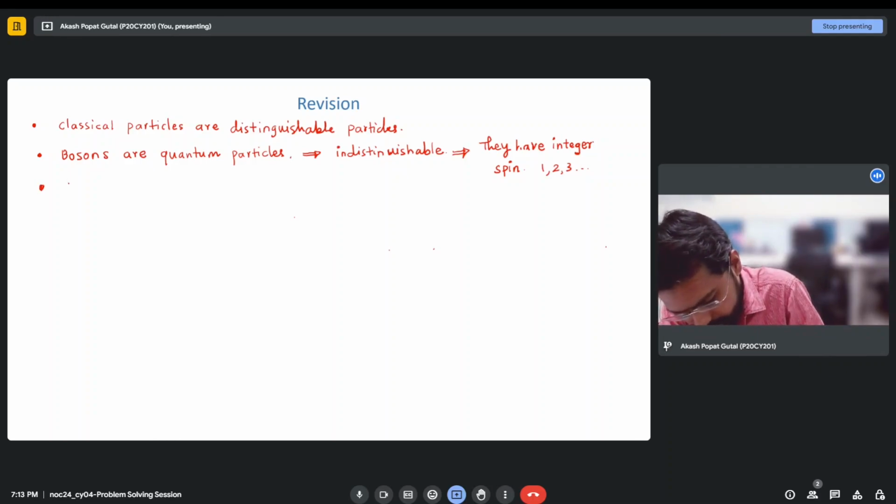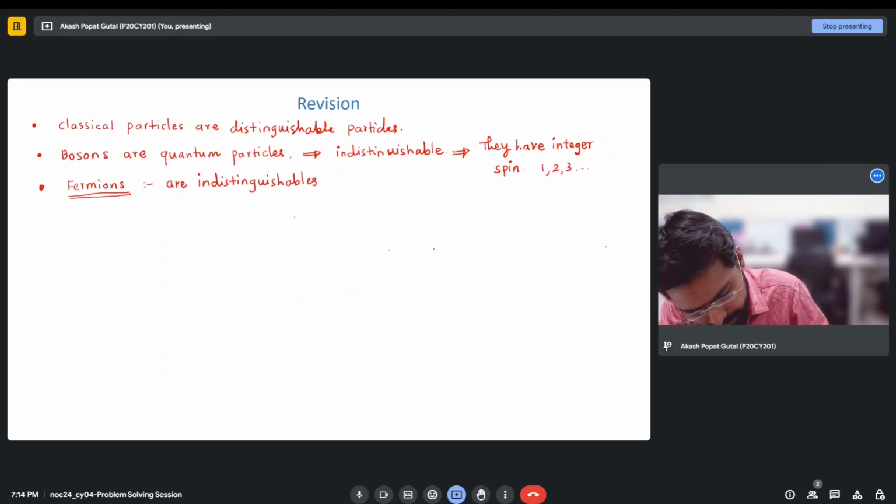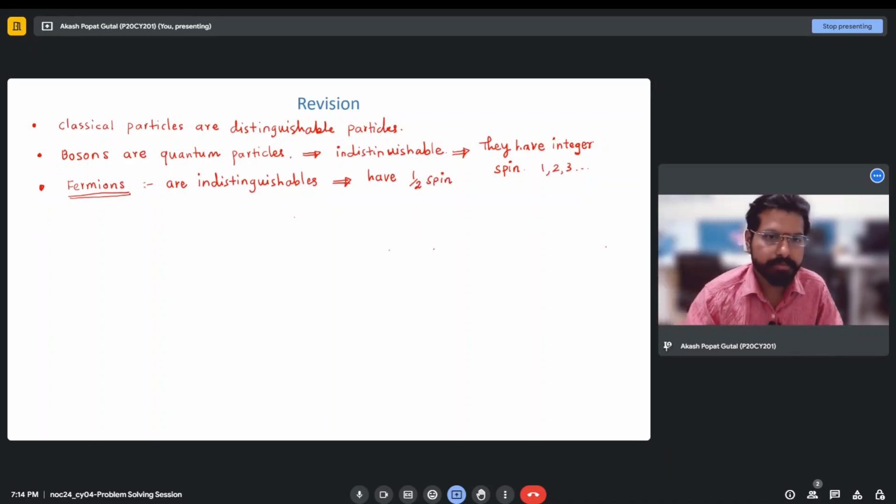And the third particle type is the fermions. Fermions are indistinguishable and have one half spin, or spin with an integer multiple of half.